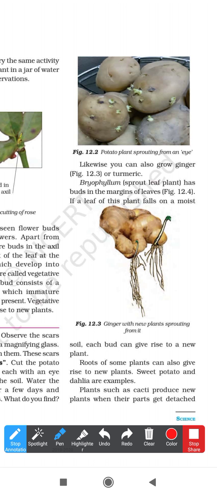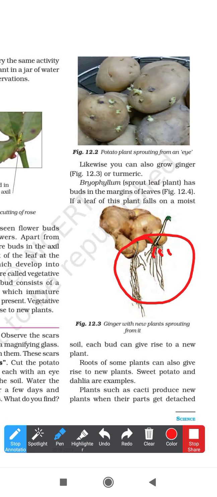Understood? Next is ginger. Ginger doesn't need a seed for reproduction. Ginger will just have a sprout from it. You can see this type of thing. If ginger is kept for many days at your place, you can see some small roots, right? So here it will grow and it will rise.